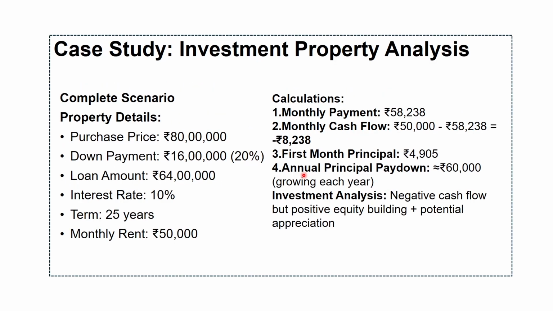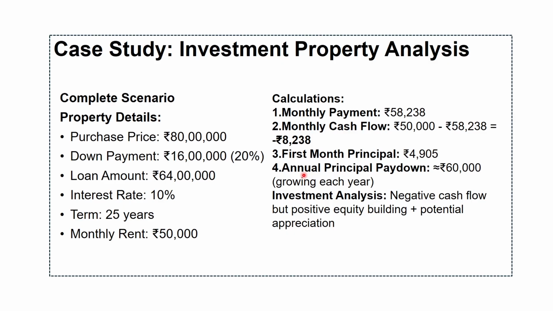Then coming to the case study. So, let us apply our skills to a rental property. An 80 lakh Mumbai property with 16 lakh down payment has a 64 lakh loan at 10% for 25 years, yielding 50,000 monthly rent.